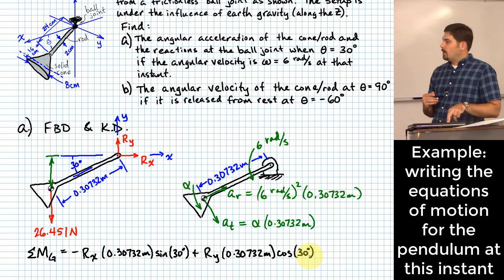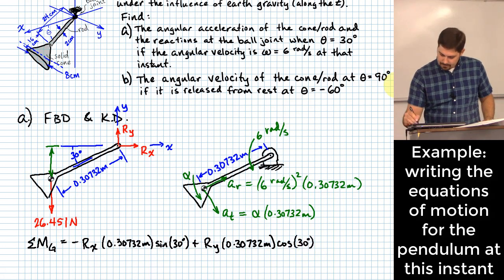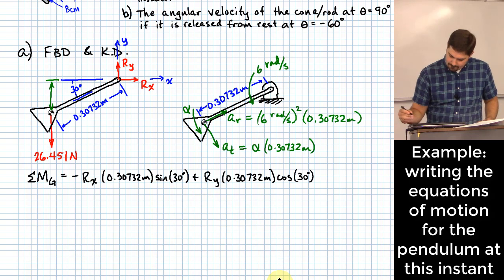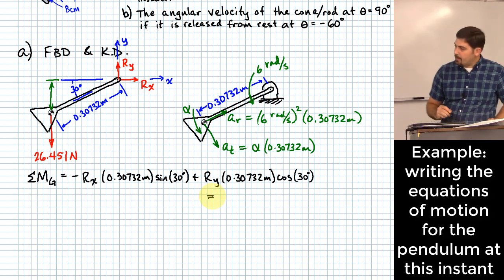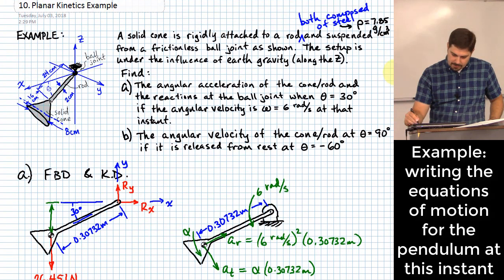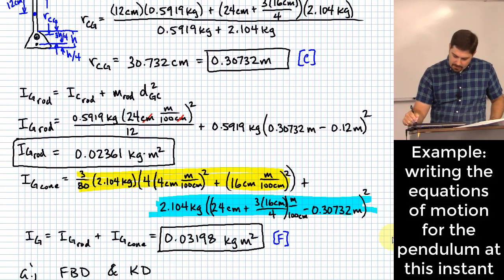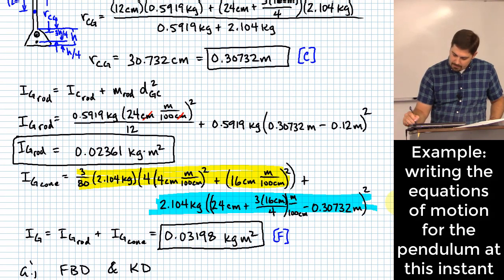equation. All right, but we're not dealing with statics, we're dealing with dynamics. So what should this be equal to? Okay, this should be equal to my moment of inertia, I sub g, which was up here. Oh, no, it was down here. I sub g wound up being 0.3198 kilogram meters squared.